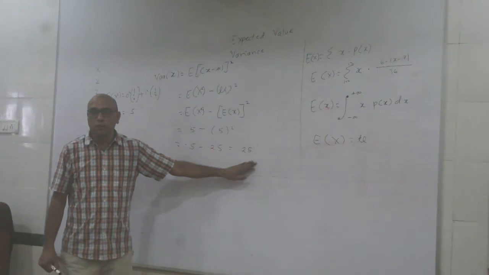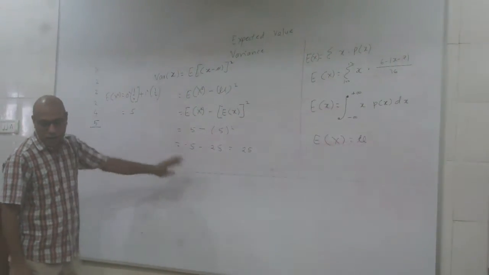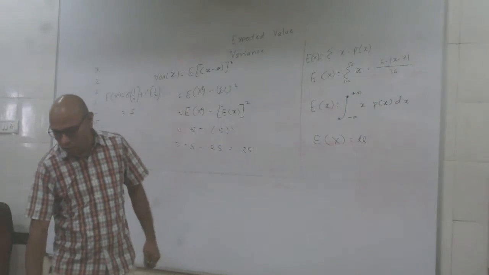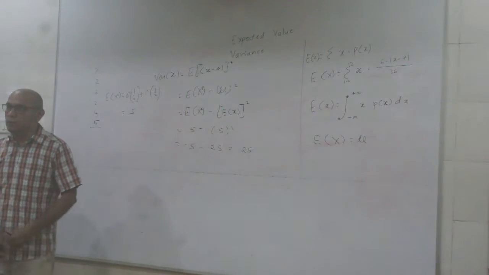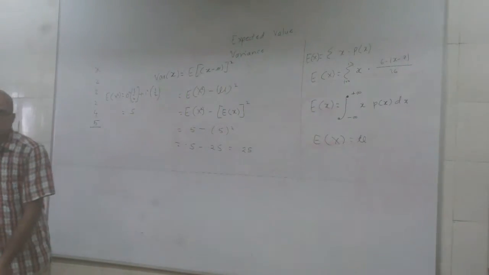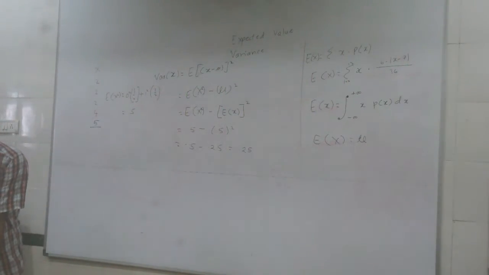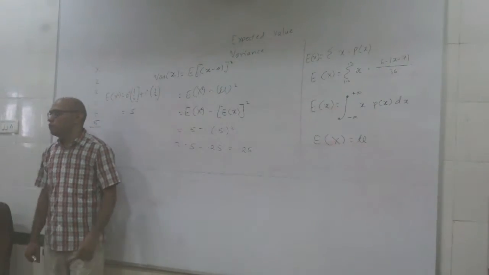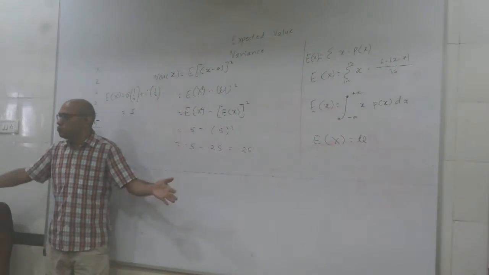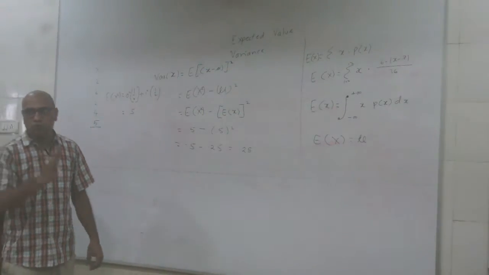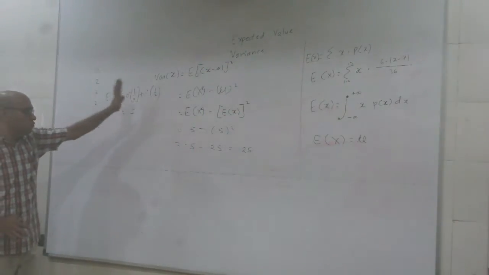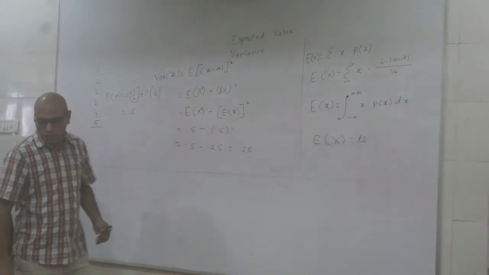Now mean and variance are both extremely important properties of a distribution, for discrete as well as continuous distributions, because expected value tells us what is the center of the distribution, and the variance tells us how the distribution is spread around the center of that distribution. Okay, so that's an important thing for us.